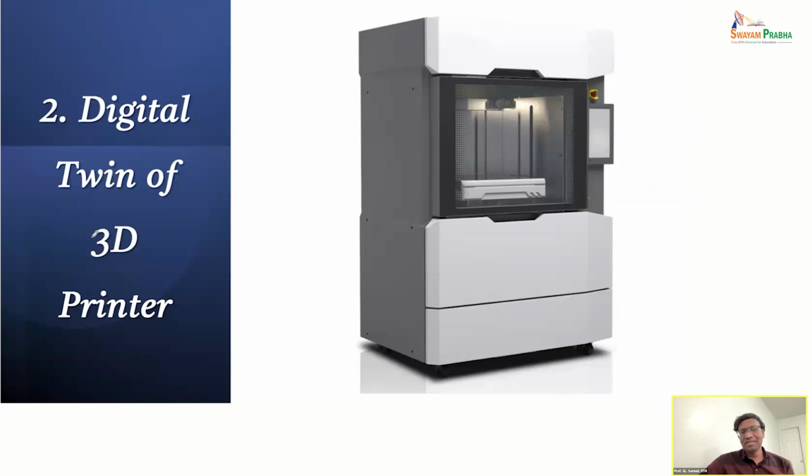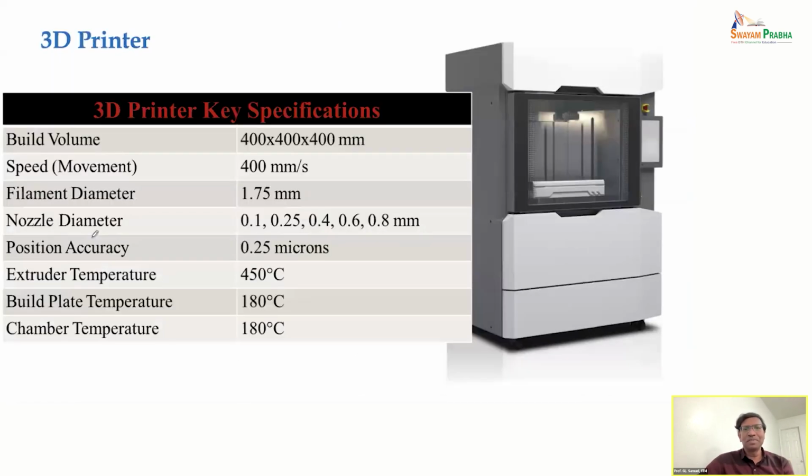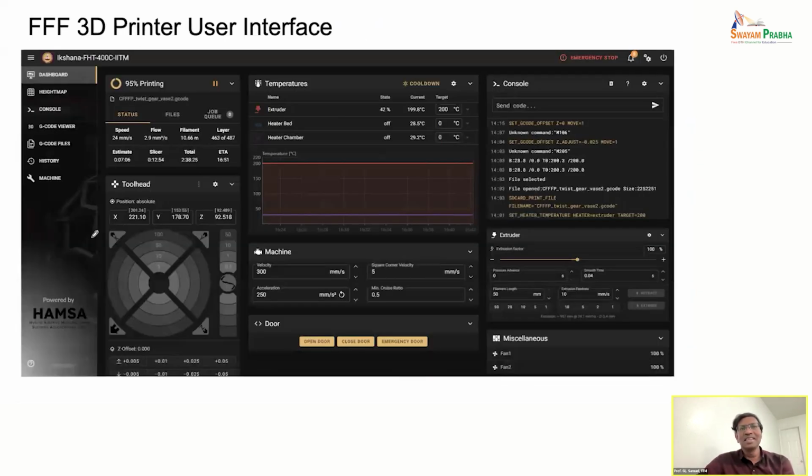Thus we made the digital twin of the CNC machine, then the digital twin of the printer, with different parameters, and this is the dashboard through which we can actually interface. And even this, the manufacturers were generous enough to give us a lot of freedom to manipulate all these numbers and directly input them so that we can control the machine.